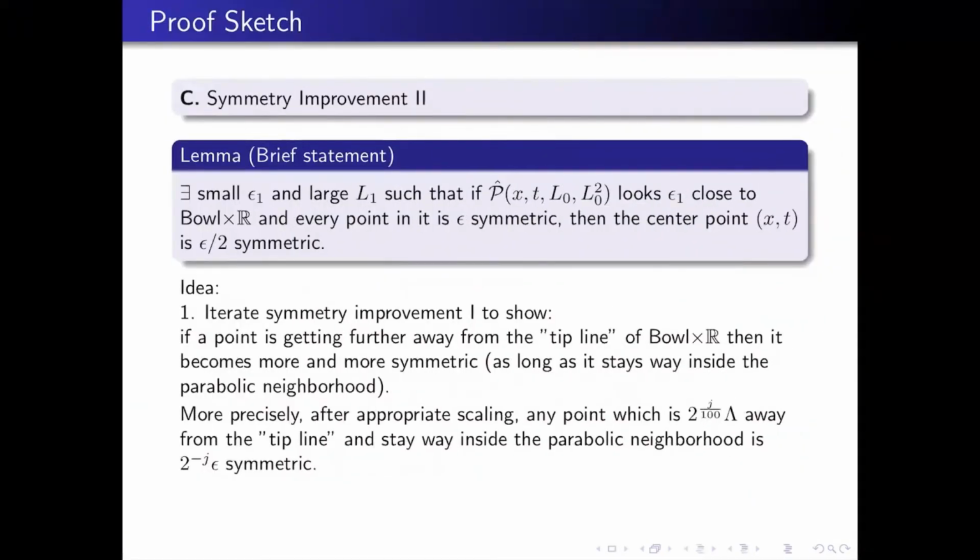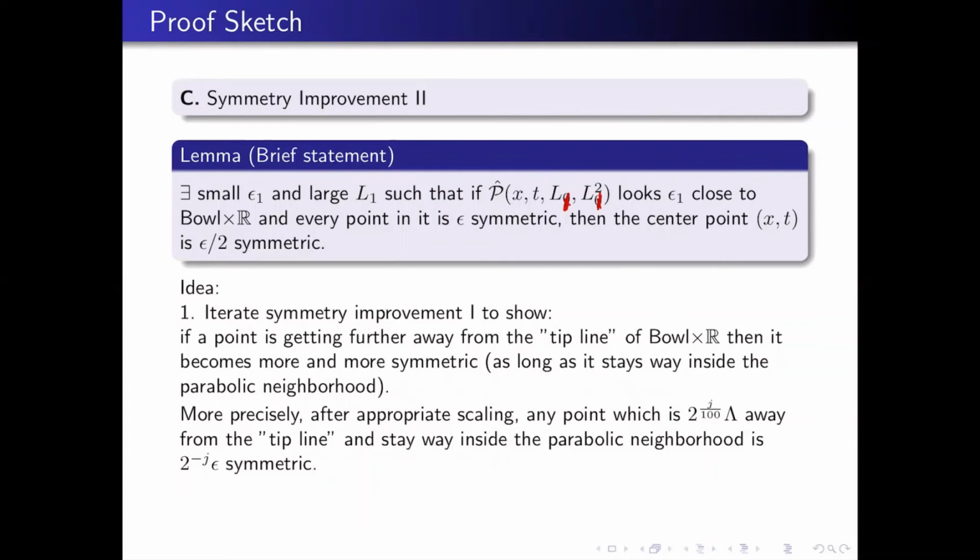Next, we need a second symmetry improvement. The statement is that there exists a small epsilon1 and large L1 that are based on the previous constants, such that if this huge parabolic neighborhood looks epsilon1 close to bowl cross R, and every point is epsilon symmetric, then the center point is half epsilon symmetric.